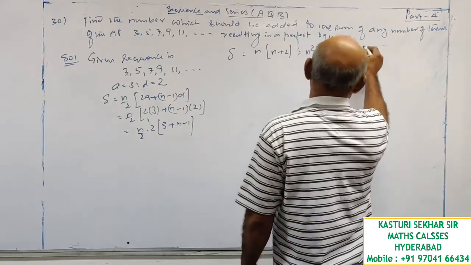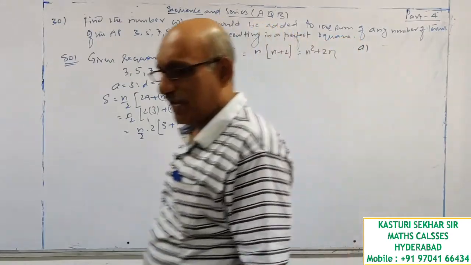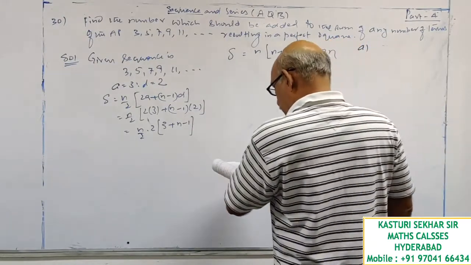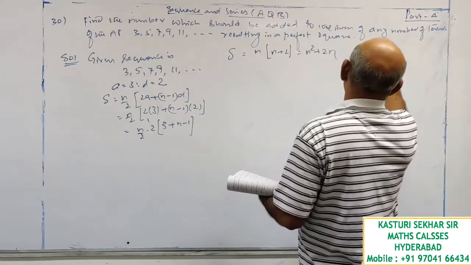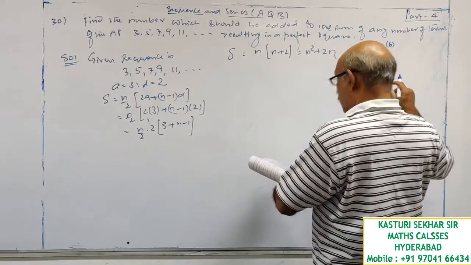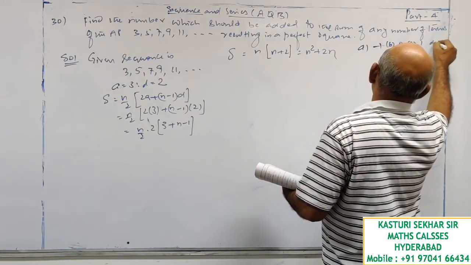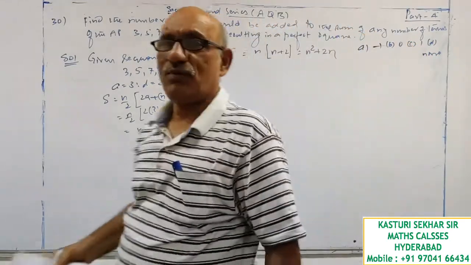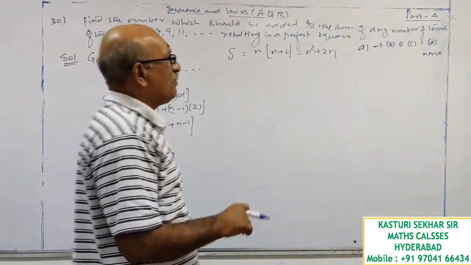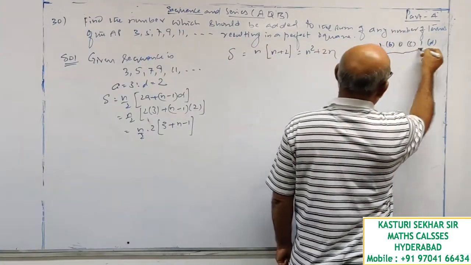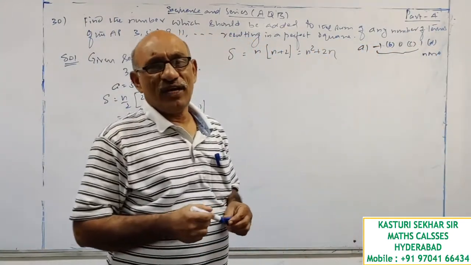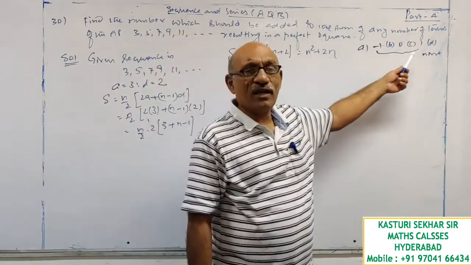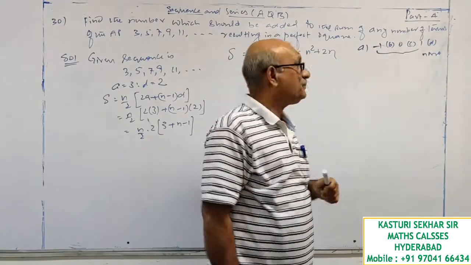So let us see the options. Option A is minus 1. Option B, 0. Option C, 1. And option D is none. So my substitution, that is the addition process, is terminated with 3 values. By adding these 3 values one after another, if I don't get a perfect square, then I'll select none of these as my answer.